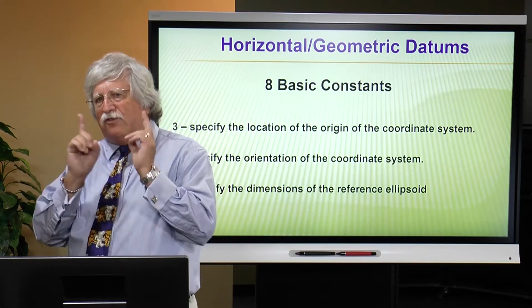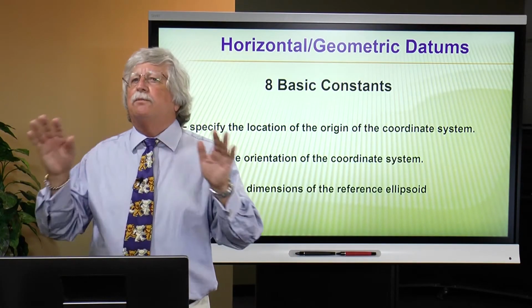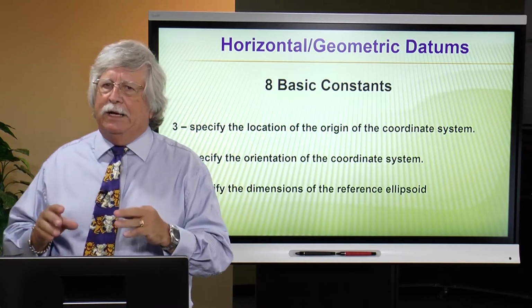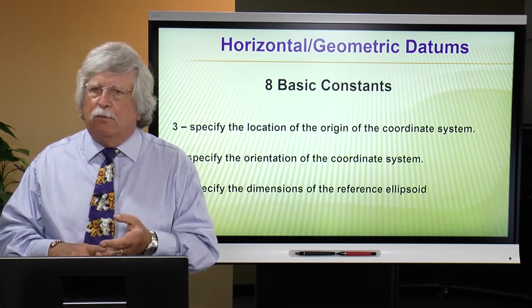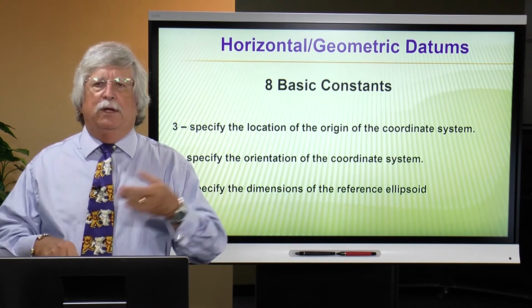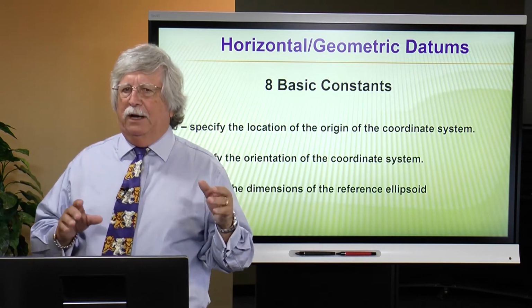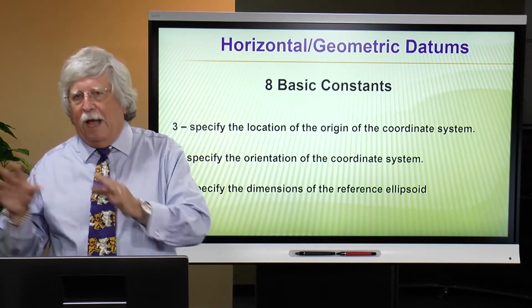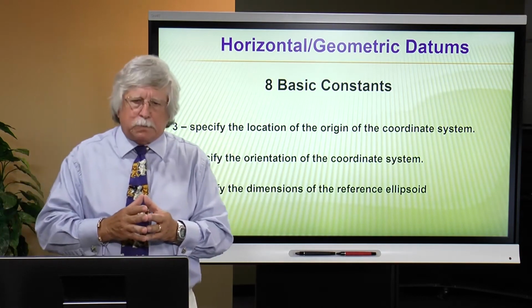So let me describe those two, because they are the two most important that we see in the conterminous U.S. And while we had NAD 27 in the lower 48, in Alaska we had other datums, and in Hawaii and Puerto Rico and American Samoa and Guam, and I'm not going to go into those in great detail right now. If I talk about NAD 27 and NAD 83, it's the same thing as what happened in Puerto Rico and Hawaii and American Samoa.